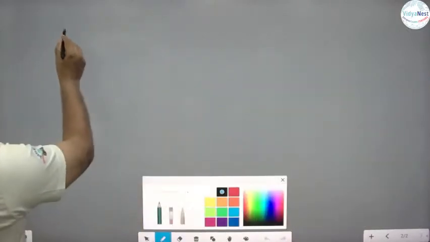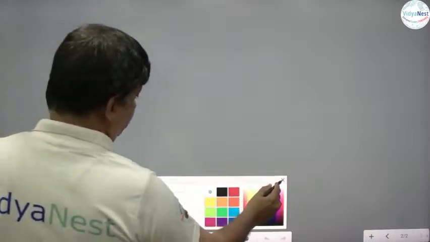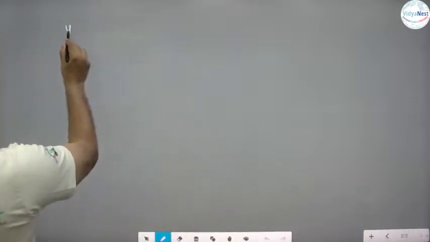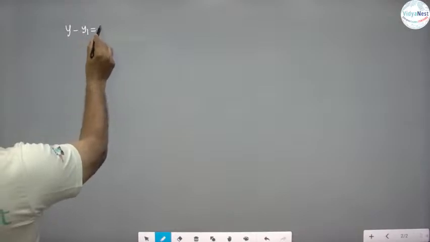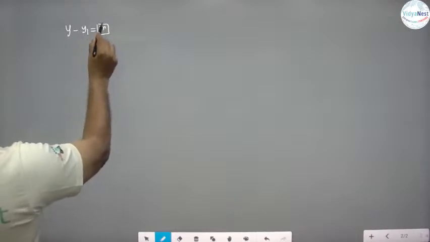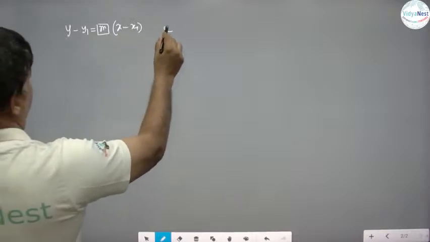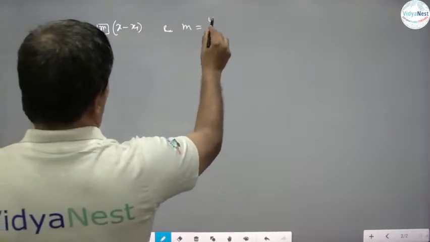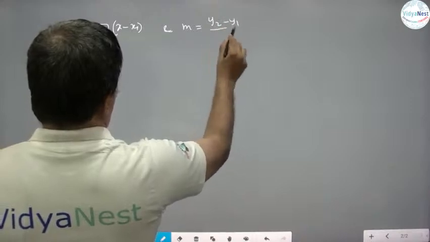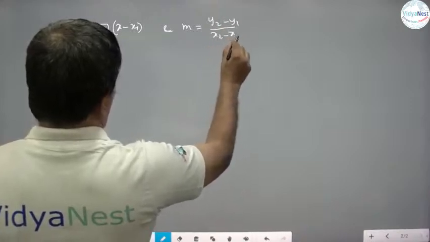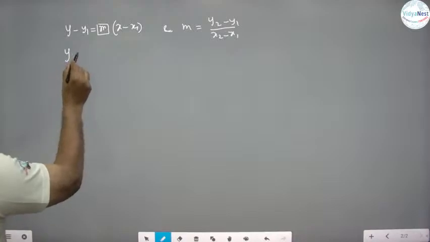Therefore, y minus y1 equals m times x minus x1, and that m is y2 minus y1 by x2 minus x1.